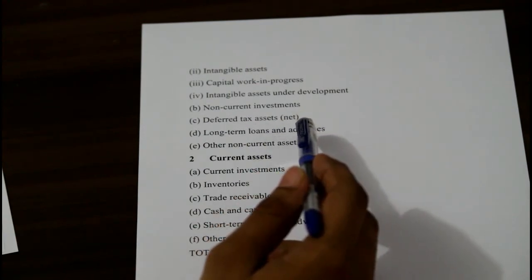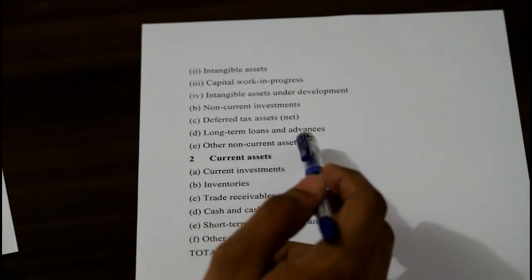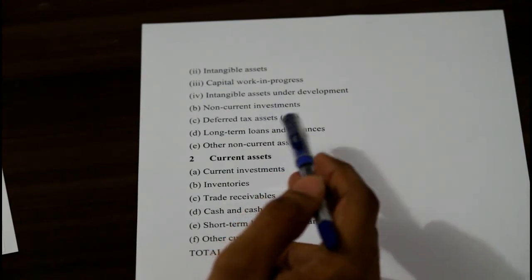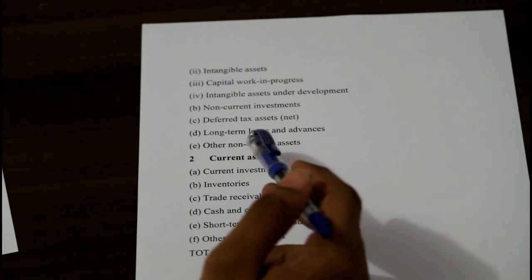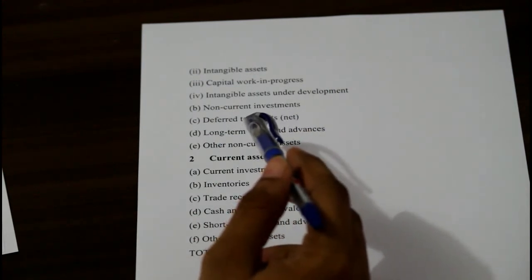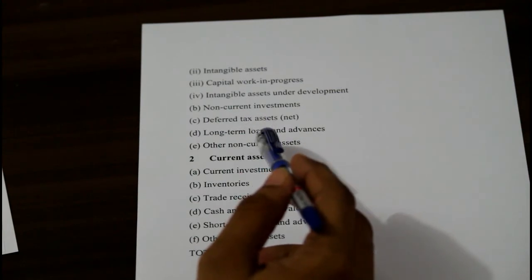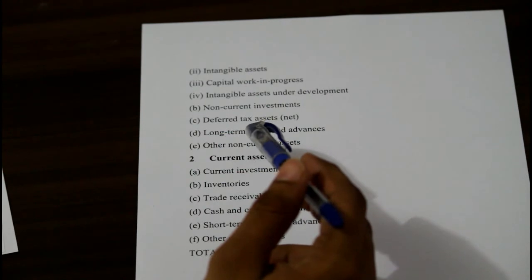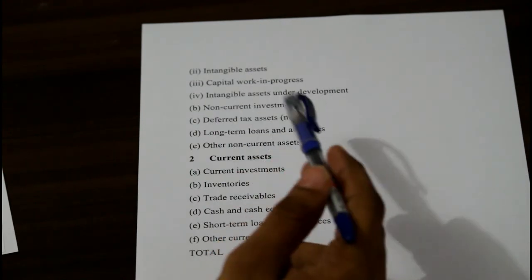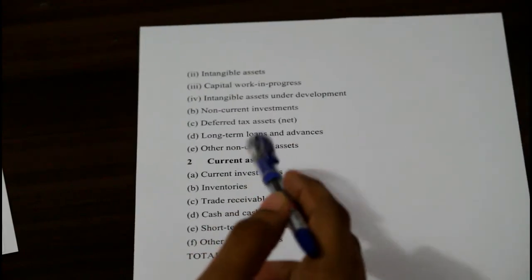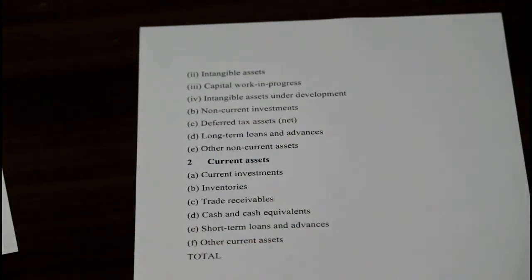These are long-term loans and advances. There are other non-current assets. The other non-current assets in the sense the long-term trade receivables. The bills receivables, we used to call them bills receivables, the long-term trade receivables, we'll be calling them trade receivables. They can be secured, unsecured, or doubtful, anything. So they should be written in other non-current assets.